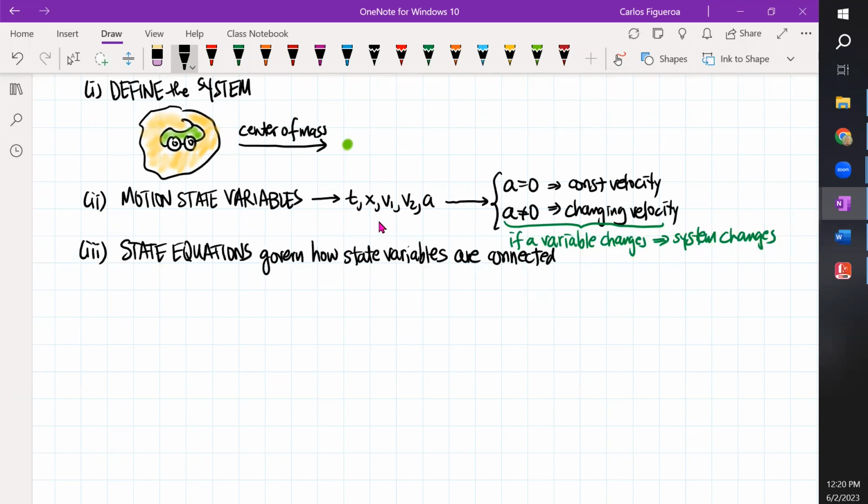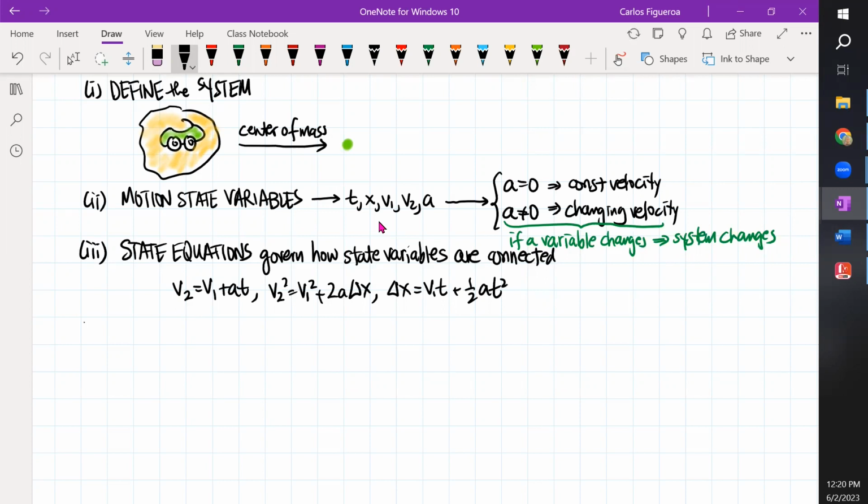And we have three kinematic equations. We have the final velocity equal to the initial plus acceleration times time. The final velocity squared equals the initial velocity squared plus 2a delta x. And then finally, delta x is equal to v initial times time plus 1/2 a t squared. Those are our state equations for motion.